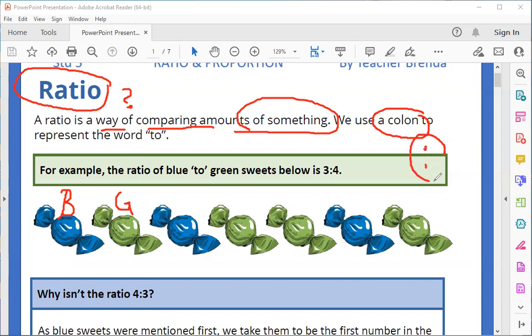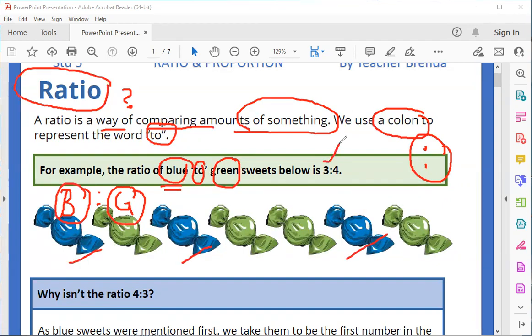Okay? And the way we say it is, for example, the ratio of blue sweets to the ratio of green sweets. So you read it as blue to green. Blue to green. So if it's blue to green, then you count how many blues are there. 1, 2, 3 blues.